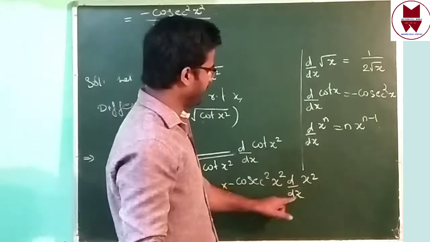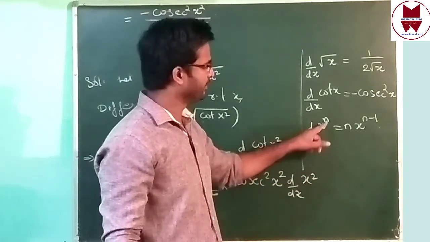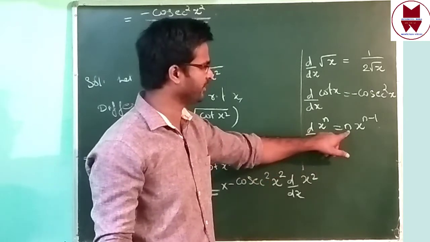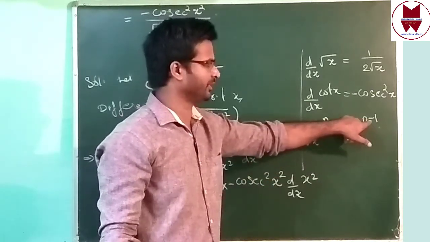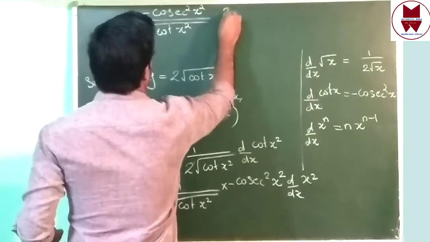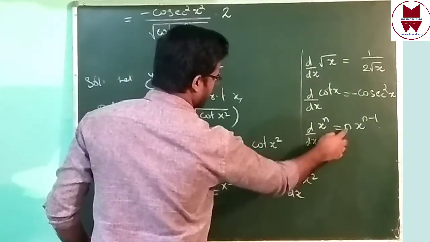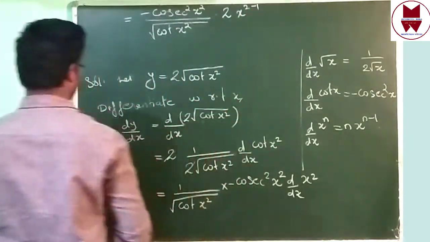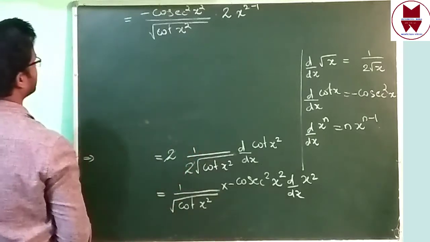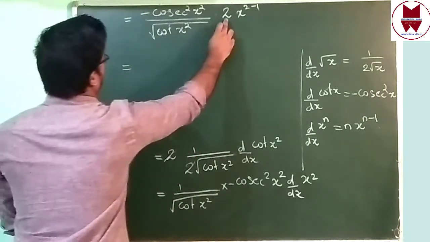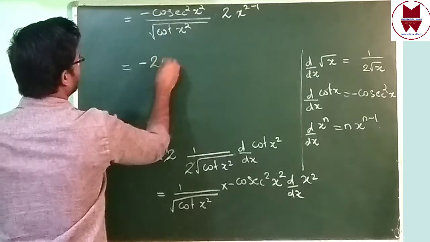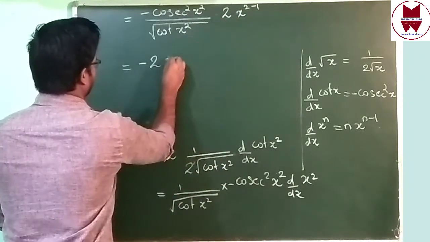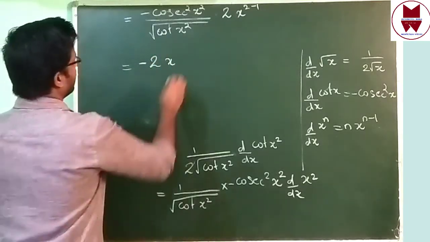Then d by dx of x square, use this formula. In the place of n, what do we have? 2. That means we get 2x raised to 2 minus 1, and 2 minus 1 is 1. We write 2, because n is 2 here, then x raised to 2 minus 1, which is 1, so only write the remaining x.